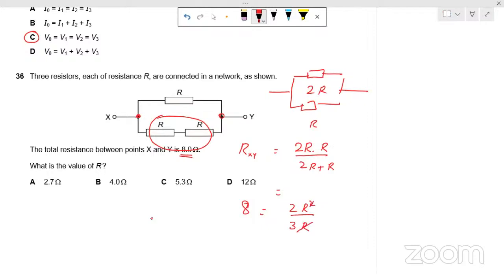Hence, 8 times 3 divided by 2 will be equal to R. So R is 12 ohm. The resistance of each of these resistors is 12. If this is 12, these 12, 12, that will be 24. So 12 and 24, if they are calculated in parallel, we will get this answer.